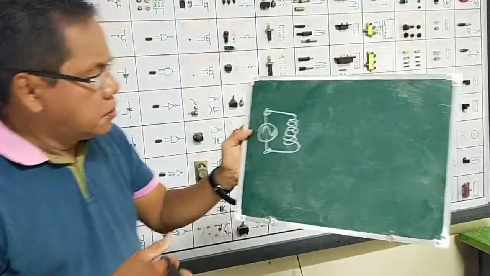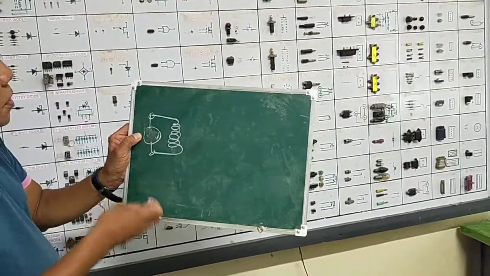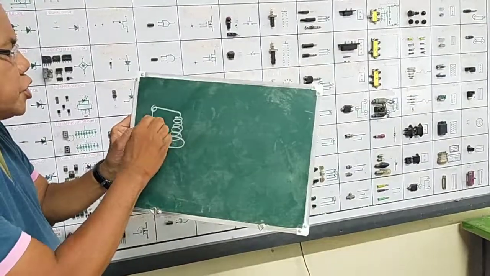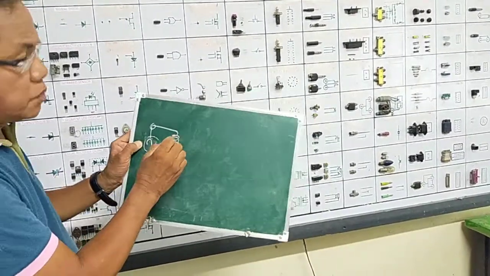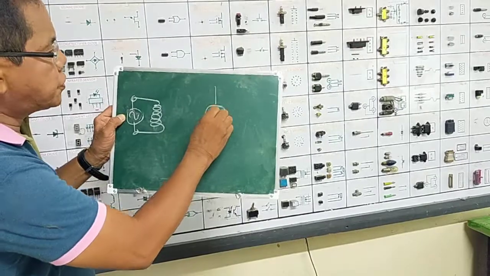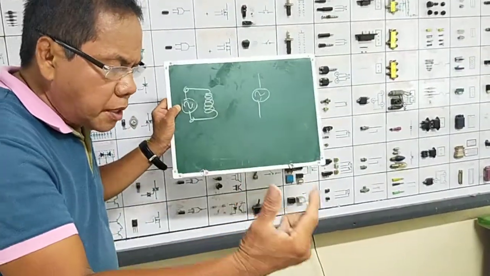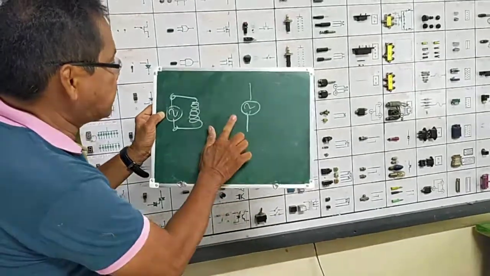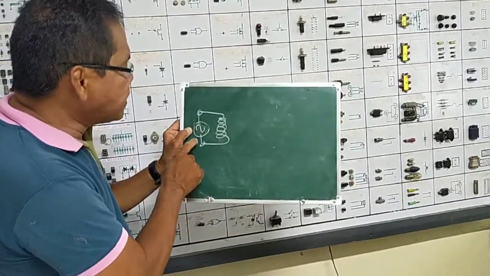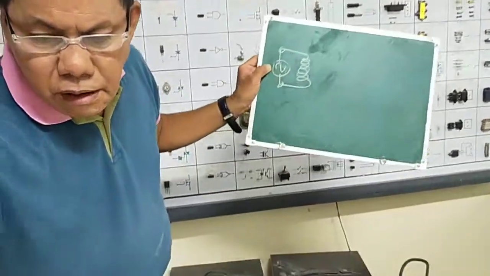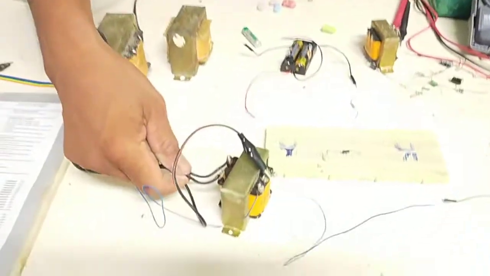This symbol is the symbol for AC source, because we are getting AC voltage at this outlet, being connected to the primary winding of this transformer.